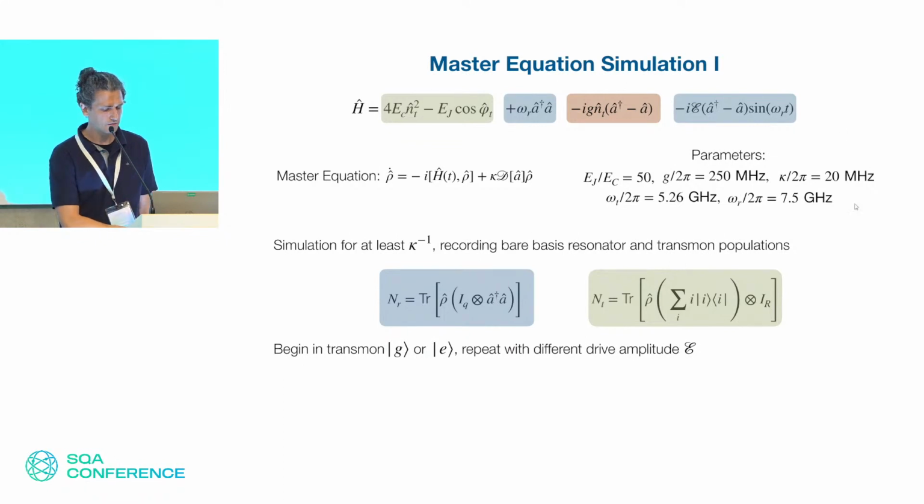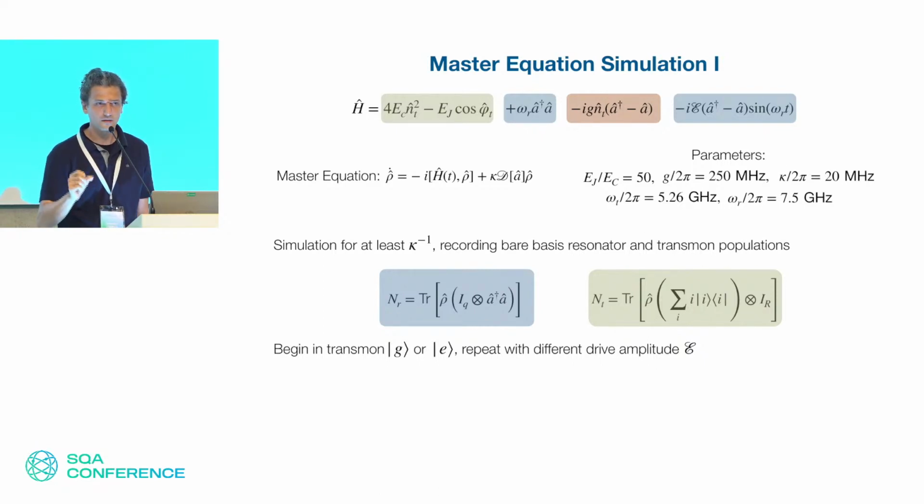Then we took a set of very typical parameters for this circuit QED Hamiltonian. And in our time dynamics simulations, we considered two very simple observables. We considered the photon number in the resonator, which is this operator here, and its expectation value as a function of time, extracted from the density matrix. And at the same time, the transmon excitation number.